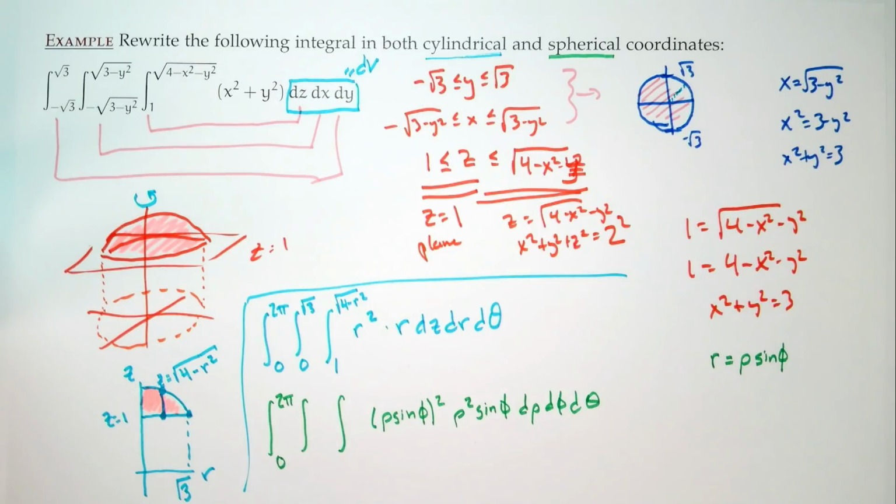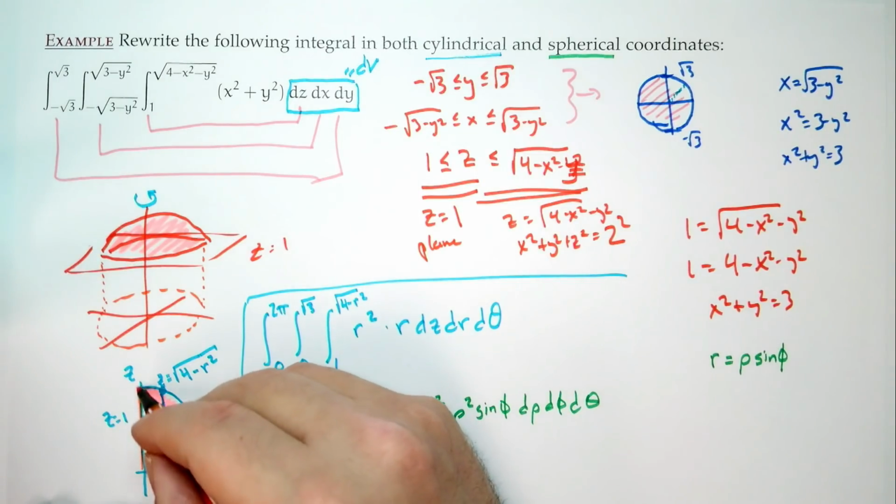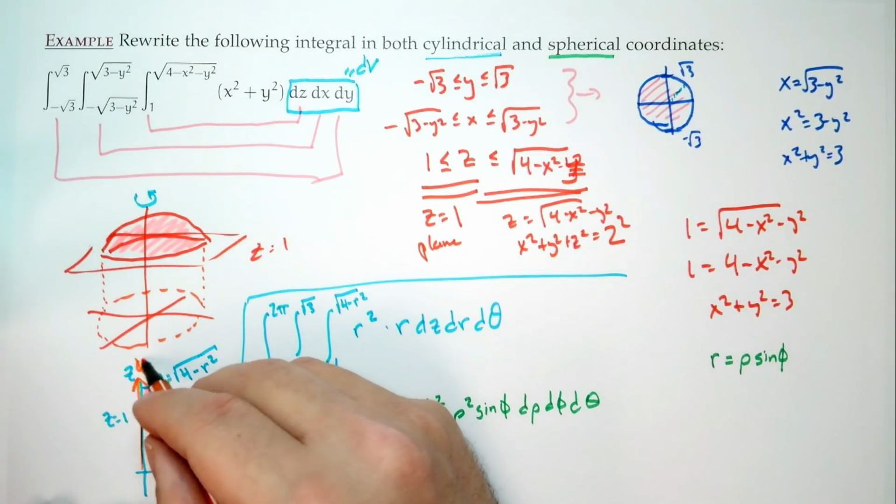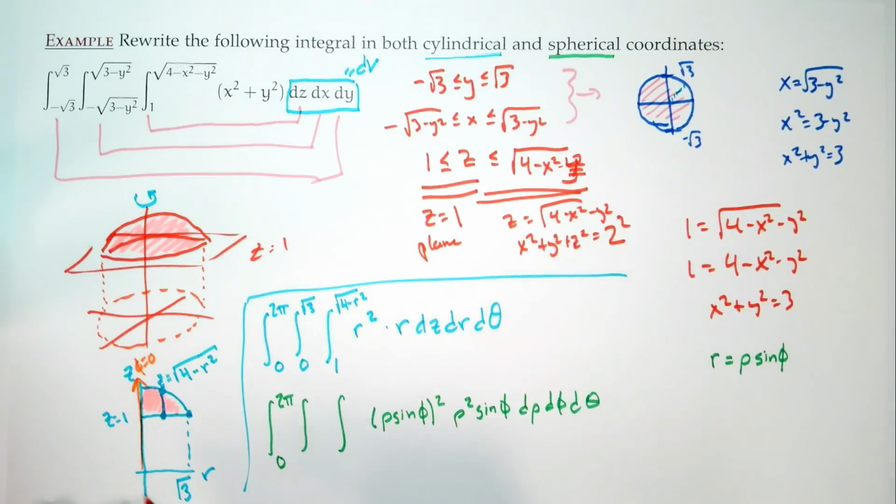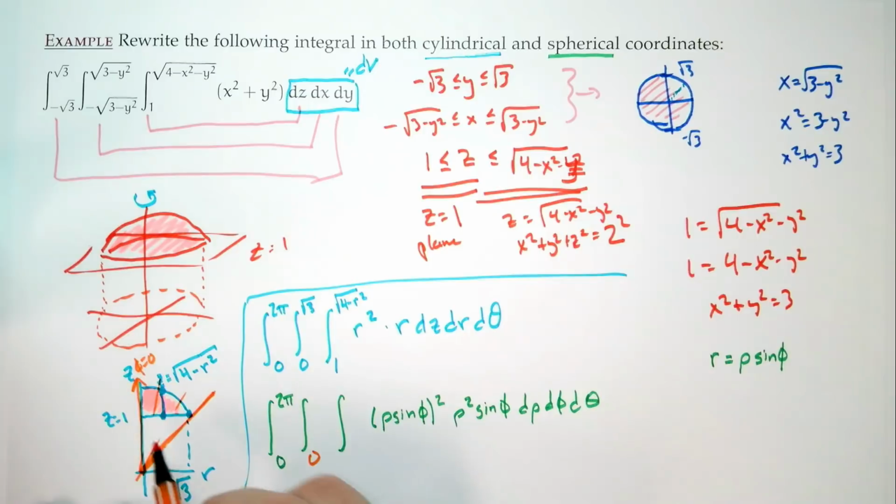We know we start going straight up, which is phi equals 0. As we increase phi, we come out until we hit this point right here. So phi goes from 0 to whatever angle this is.